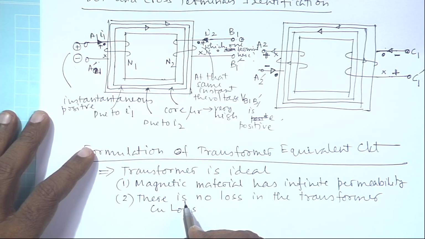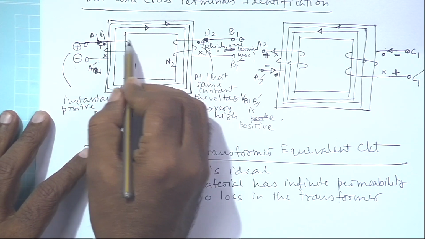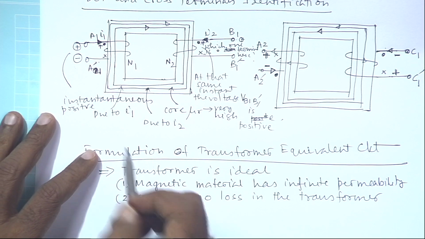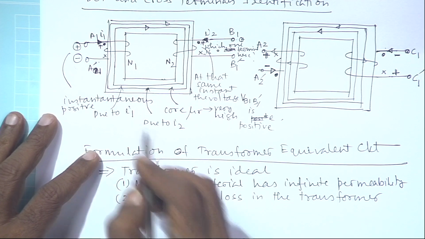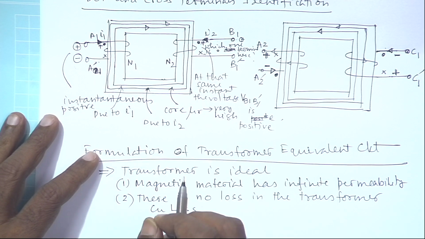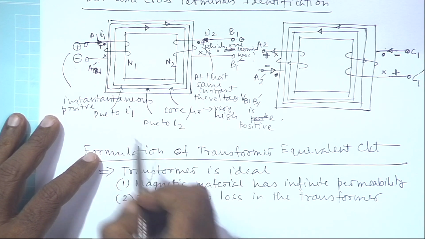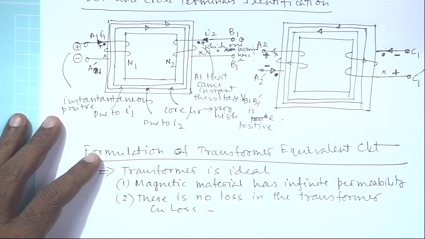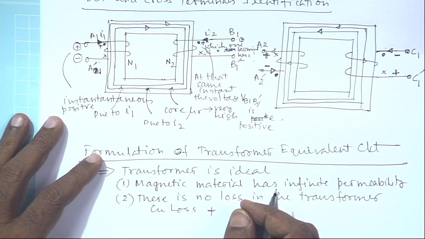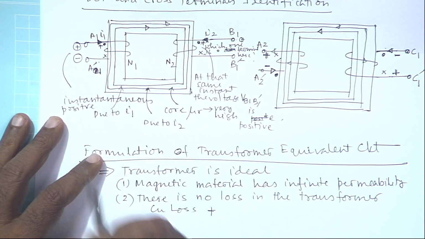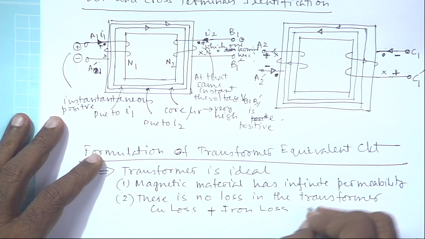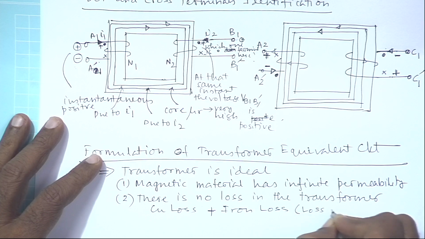This material has to have high conductivity. The coil has to be made of material that has high conductivity. So, therefore, normally copper is chosen, and even if copper is a very good conductive material, it still has some resistance, and therefore, there is some loss in the coil. So, there is a copper loss, plus there is some other extra loss which we have not encountered so far, that is called iron loss, or basically loss in the magnetic material.